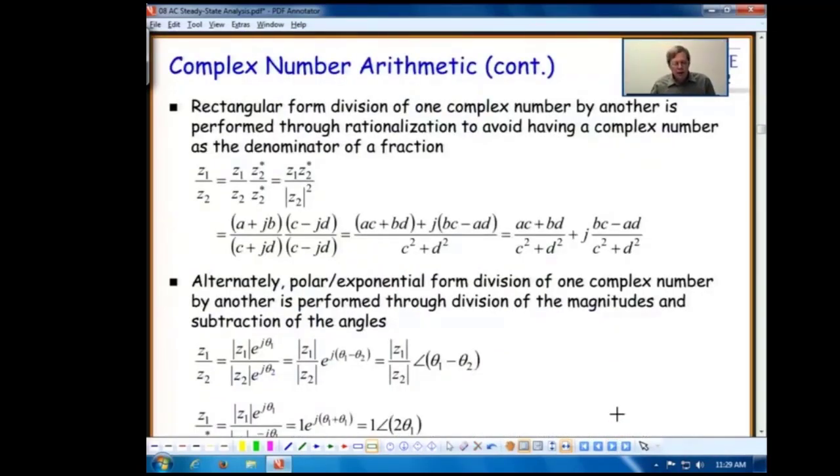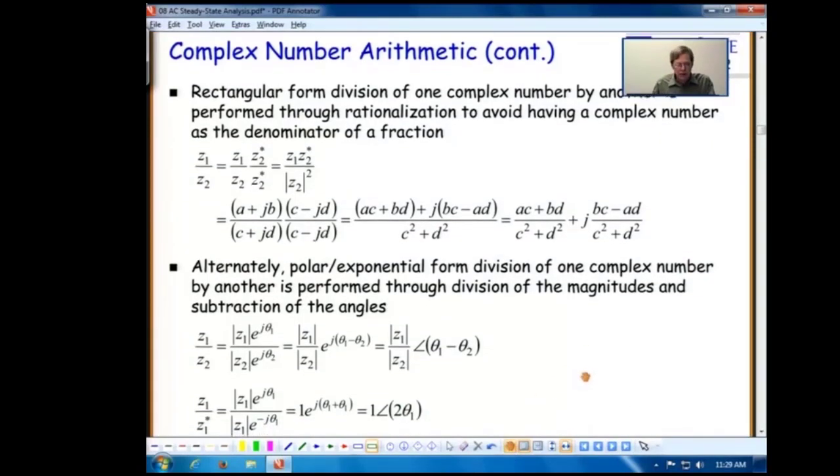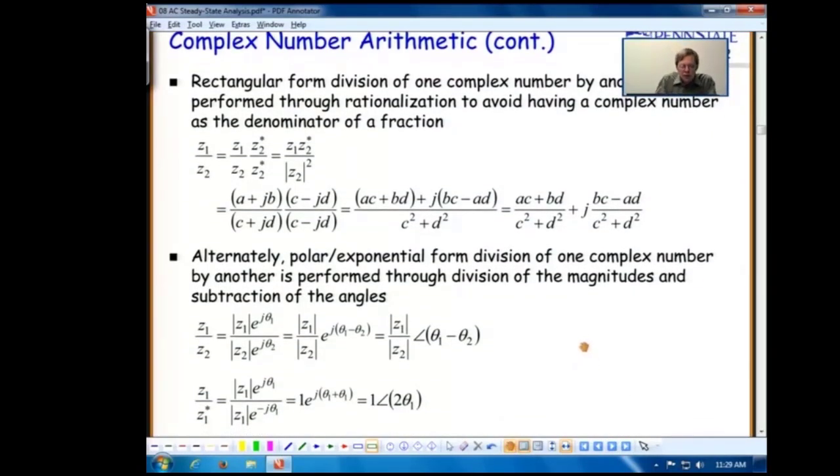There's another way we can handle division. And if you're working in rectangular form and you need to do it this way, the easiest way to do it is to get rid of complex numbers in the denominator. So one way to get rid of a complex number is to multiply the numerator and denominator by the complex conjugate of the complex number in the denominator.